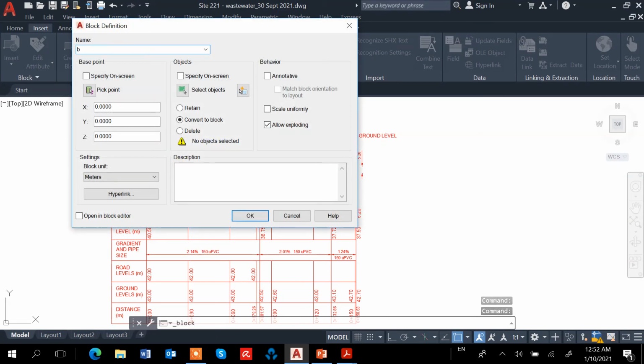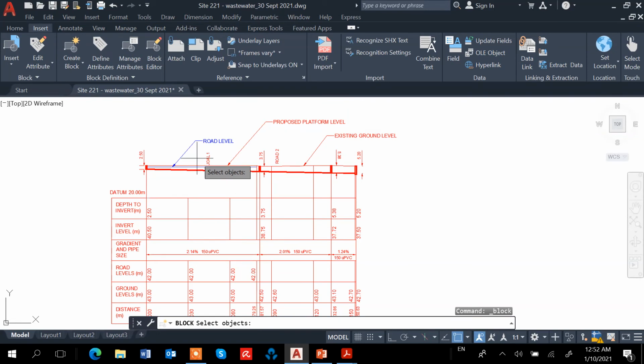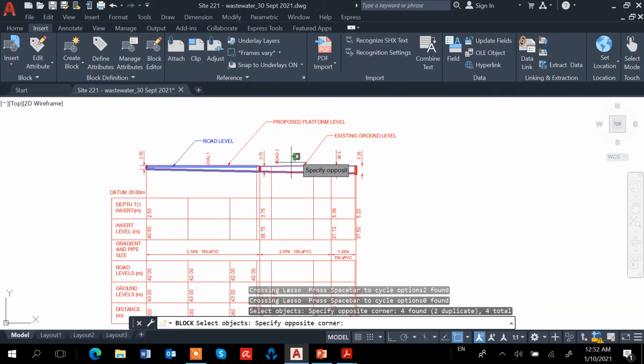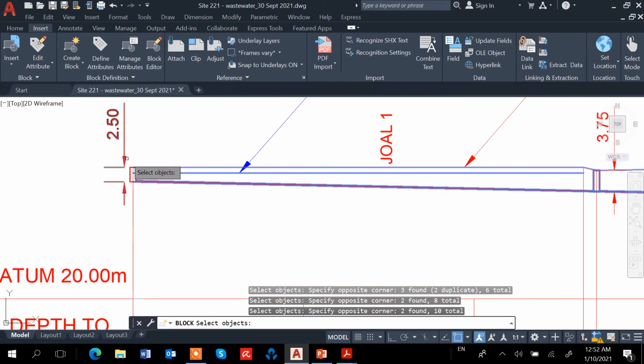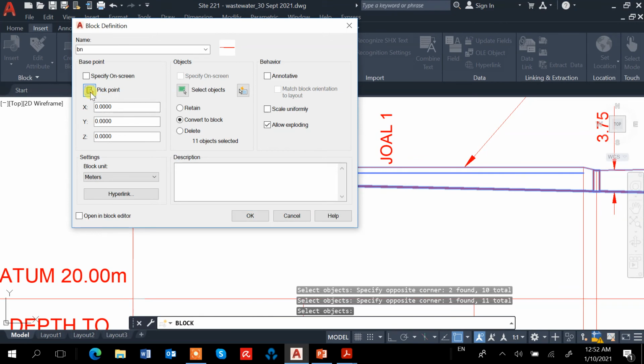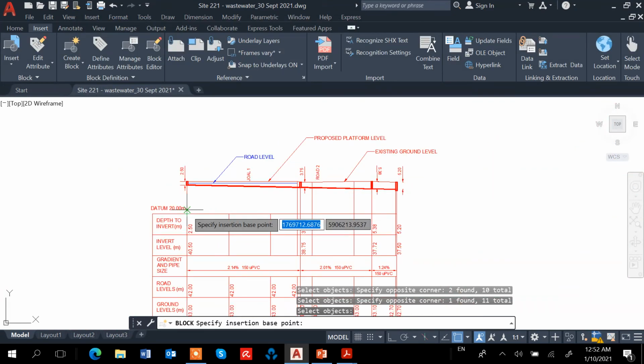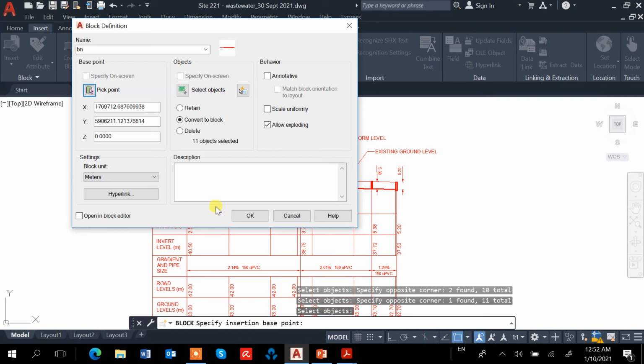I do another name, BN. Just now it was BM. And then select objects. Select that, and then select the manhole. I need to pick a point just here on the top of the table, and I convert into block.